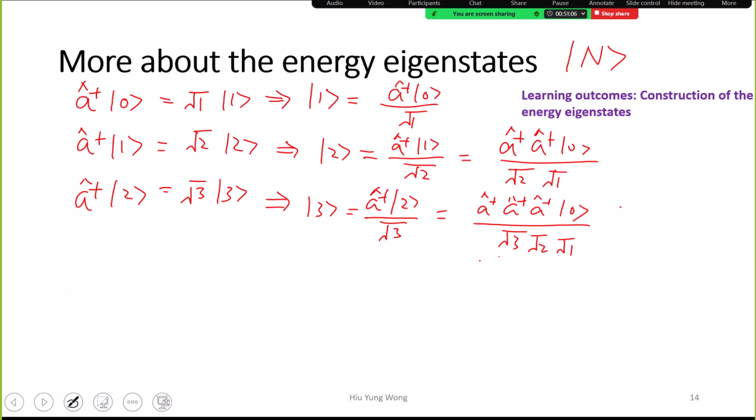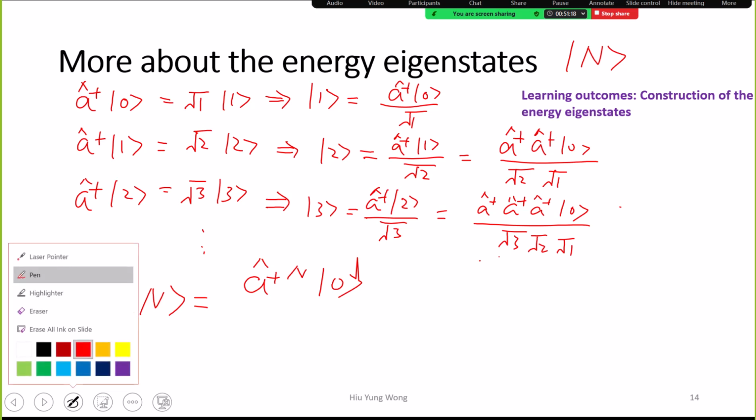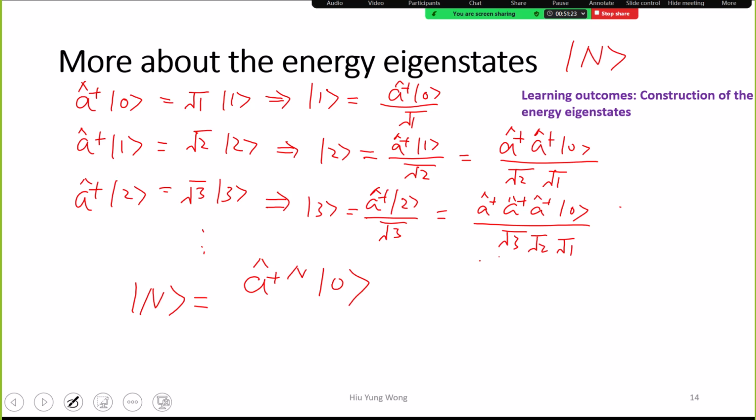So it means, what is state n? State n can be written as A dagger applied n times to the 0 state, which makes a lot of sense. If you have a system with 0 quanta of energy, you create n of them. Means you create 1, n times.